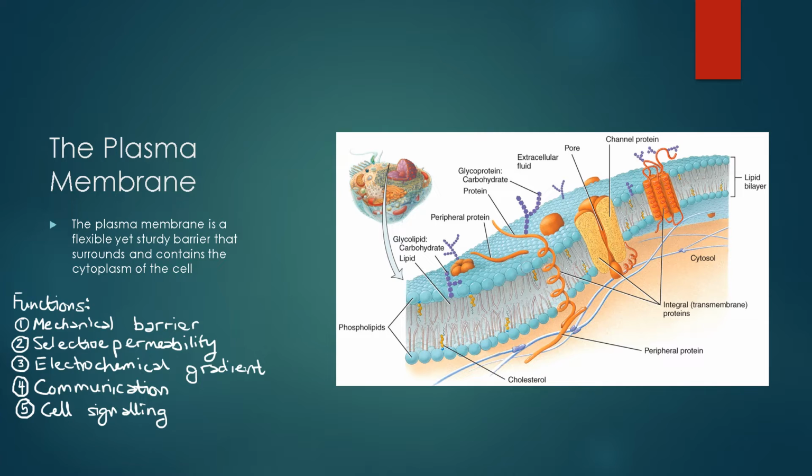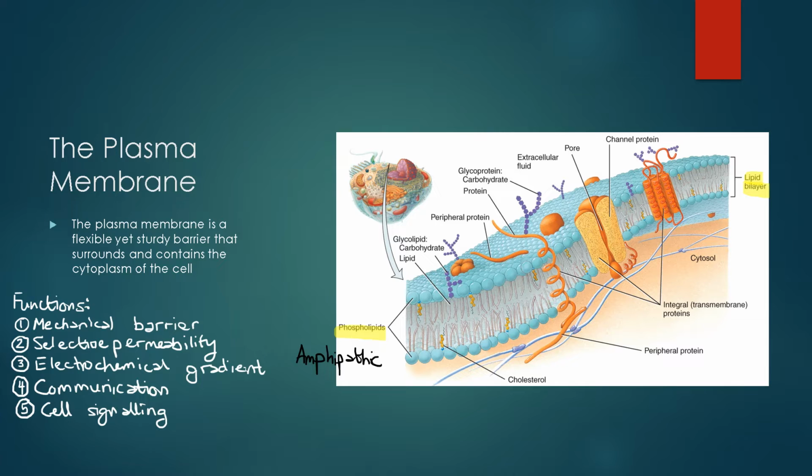So the plasma membrane is made up of about 75% of a phospholipid bilayer. So this occurs, remember, because those lipids are amphipathic. So remember, this means that they have both polar and non-polar parts.